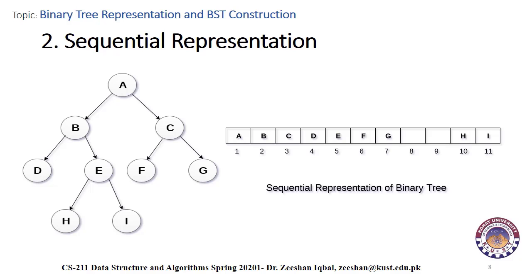So E's right child, which is I, will be stored at location number 11. This process will continue until the elements are finished. Basically, the drawback of this representation is wastage of storage, using a lot of storage values for the tree.